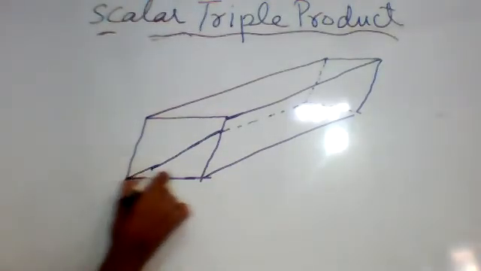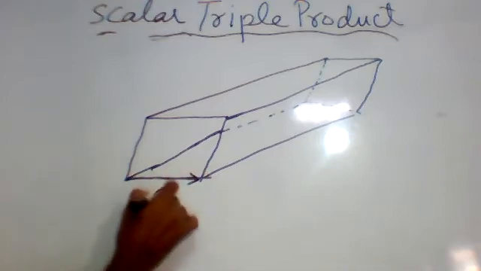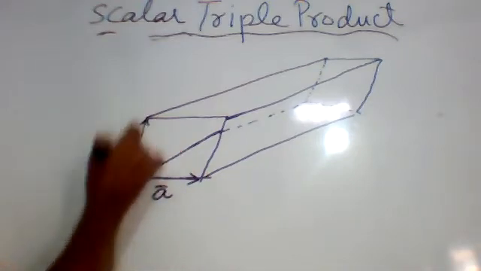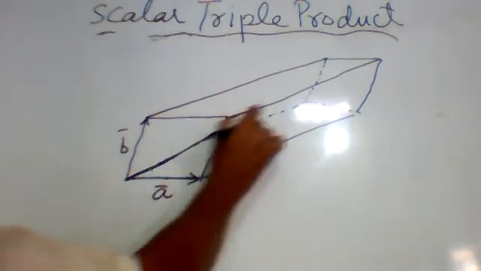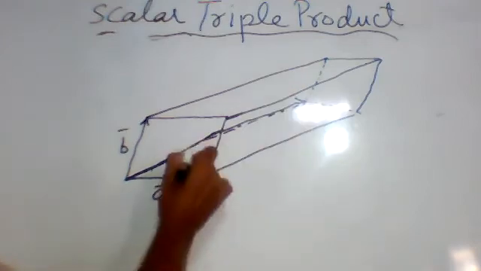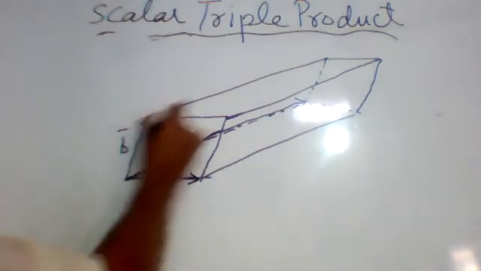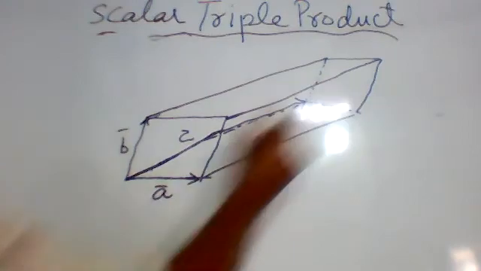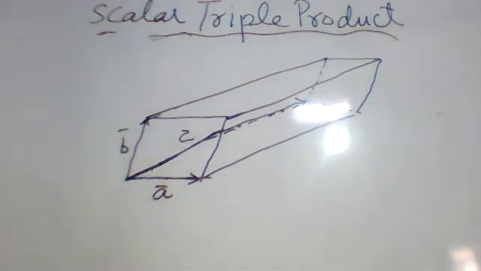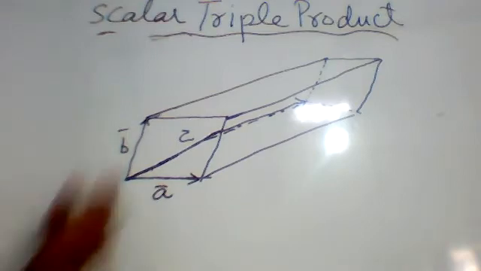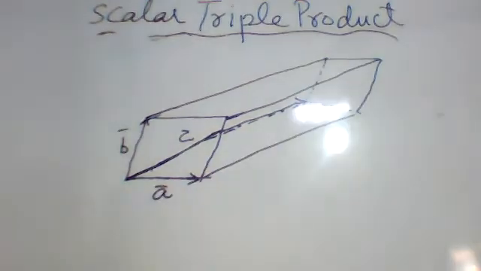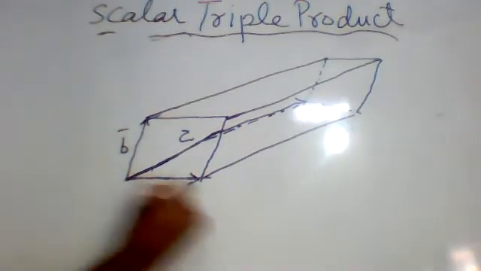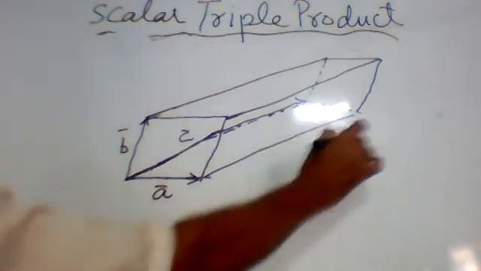This is vector A, this is vector B, this is vector C. This one is the vector C, this one is the vector C, so there are 4 same vectors. In the same way, 4 B and 4 A.